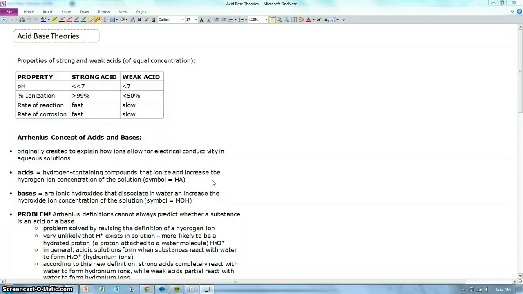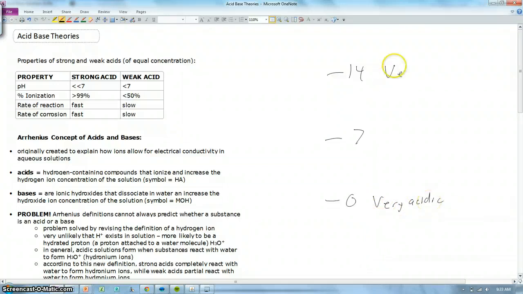The first thing to understand is the properties of strong and weak acids, and similarly strong and weak bases. The pH of a strong acid is much below 7, 7 being neutral on the scale. The pH scale runs from 14 down to 0, 7 being neutral, 0 being very acidic, 14 being very basic.